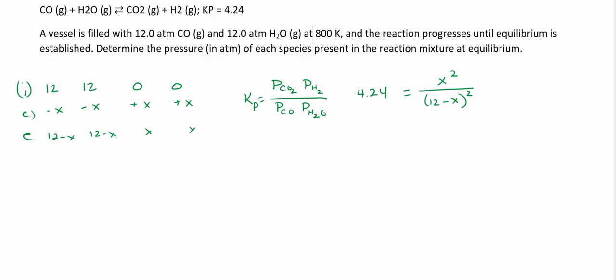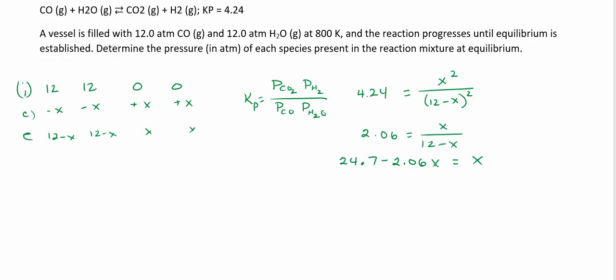Now this is another case where you don't need to make it any harder than it already is. We can take the square root of both sides. So when I do that, I get a value of 2.06 on the left with x over 12 minus x on the right. So I multiply both sides by 12 minus x, and I get 24.7 minus 2.06x is equal to x.